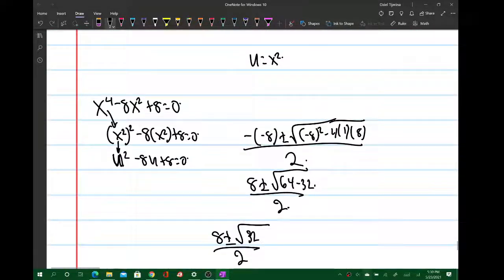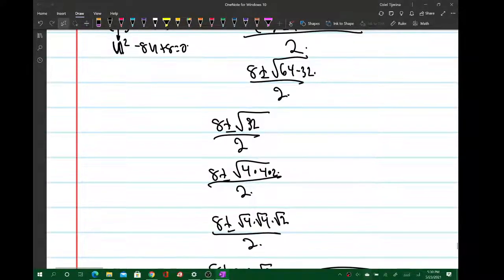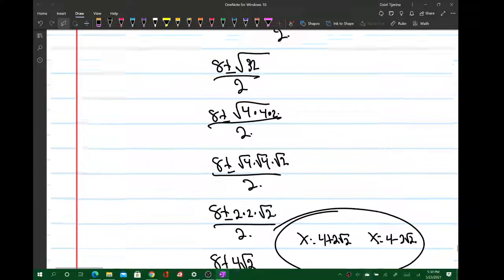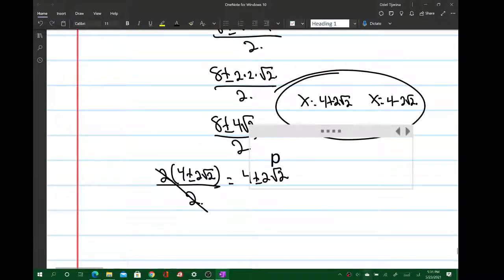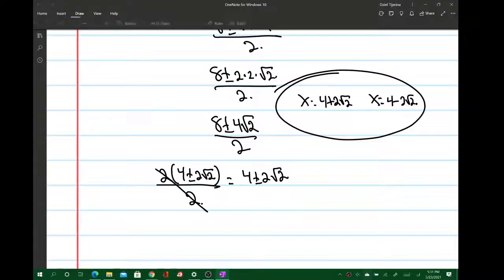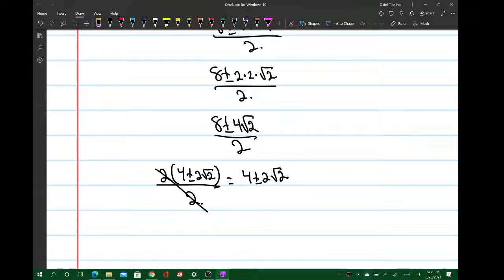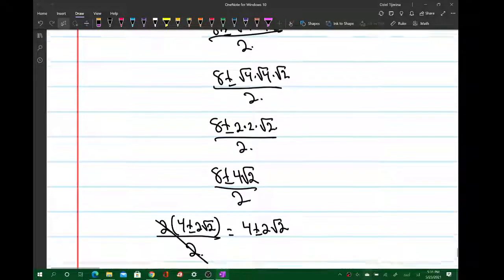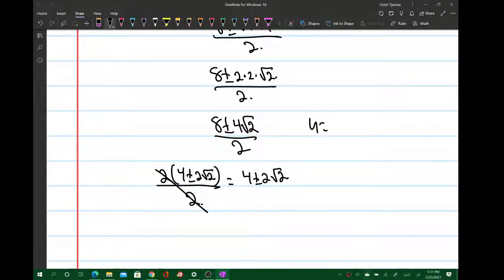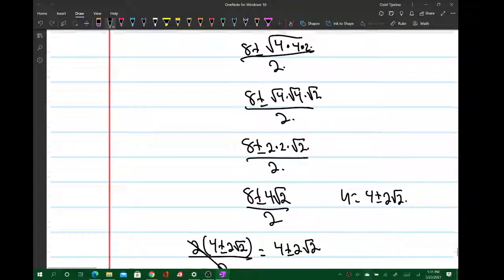So this is kind of a quadratic in disguise, really. That's what I would call it. You can still use the quadratic formula for this. Oh, however, I forgot to do one thing. This isn't x, this is u, right? u equals 4 plus or minus 2 square root 2.